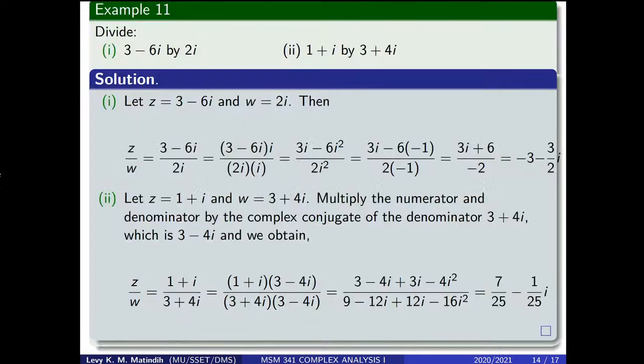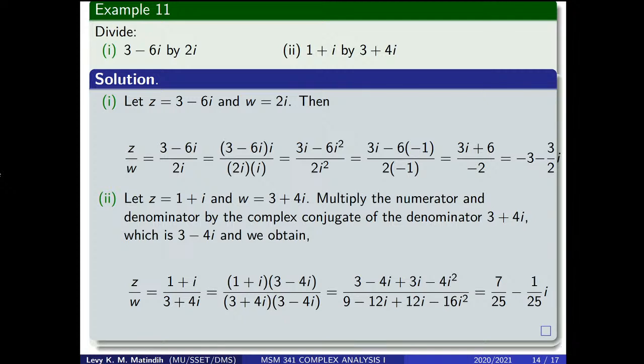Now let's look at some examples. Let's look at example number 11, which is clarifying on the division of two complex numbers. Divide 3 minus 6i by 2i and also 1 plus i by 3 plus 4i.